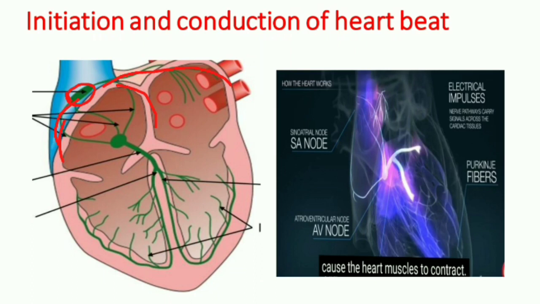When it reaches the AV node, the AV node gets stimulated and emits an impulse, which passes to the ventricle walls through the bundle of His and Purkinje fibers. So, due to the electrical impulses, the heart muscles contract and relax.